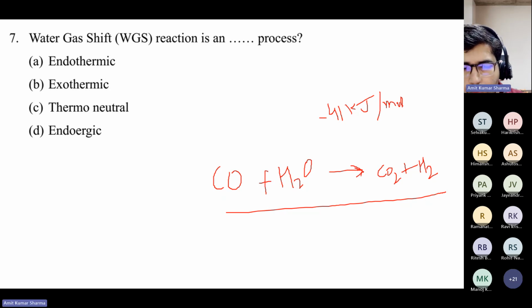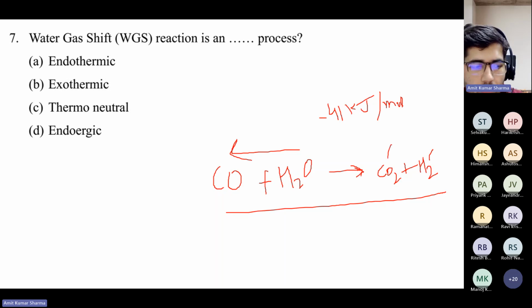And what about the reverse water gas shift reaction? In the reverse water gas shift reaction, your CO2 will react with H2 and convert to CO and H2O. Suppose you have a steam reforming reactor producing H2, and CO2 will also be there.